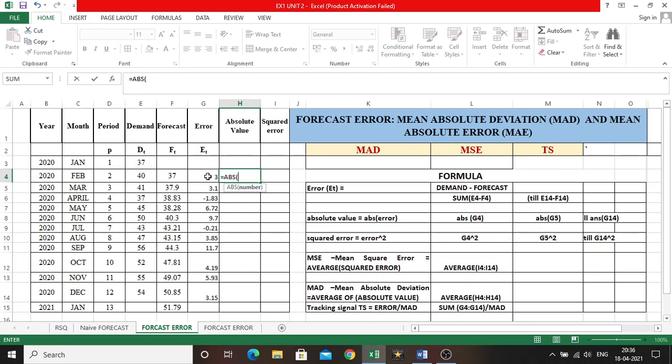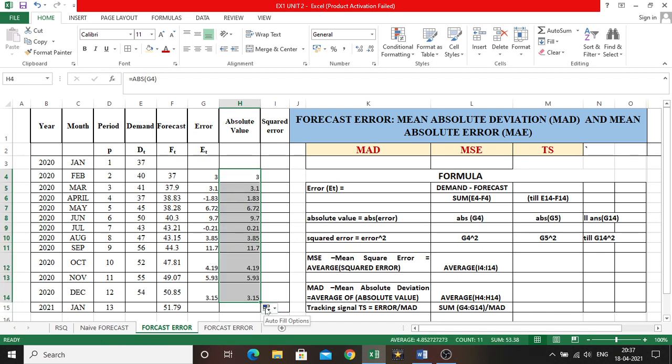Then this ABS can be calculated by dragging from error values. From G4 to G14 the error values are given. So, now we are going to calculate the absolute value for the same. So, first it is G4. Then drag it down till the last value.